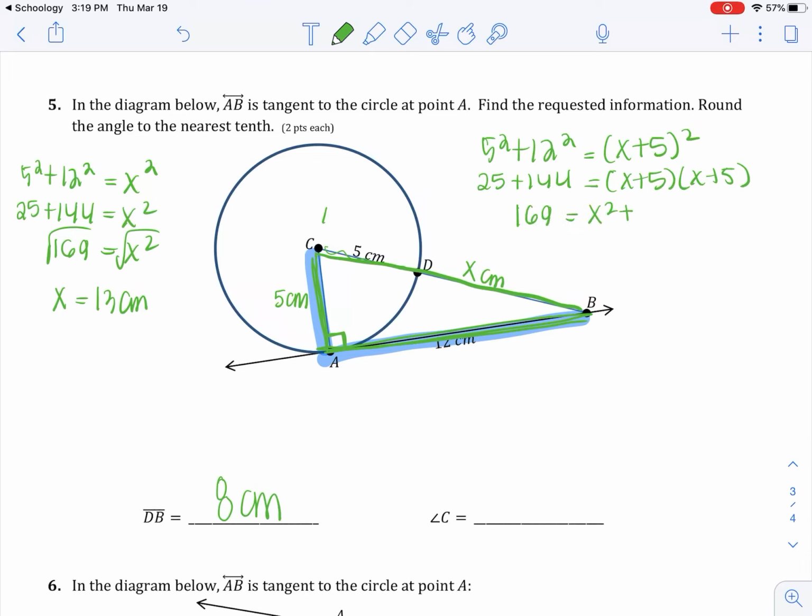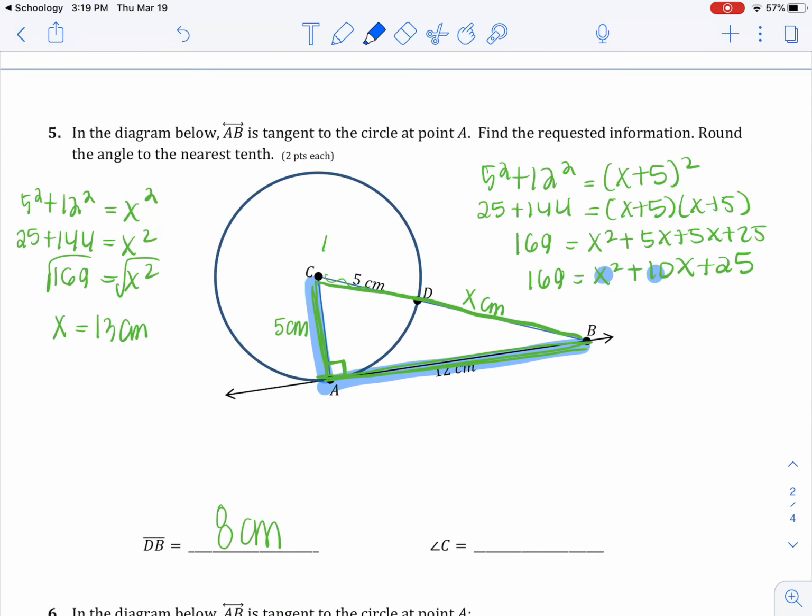FOILed that out, you have 169 is equal to x squared plus 5x plus 5x plus 25. So 169 equals x squared plus 10x plus 25. So here's where a few of you made mistakes. You decided to subtract 25 from both sides and then divide by 2. You're doing some weird math.